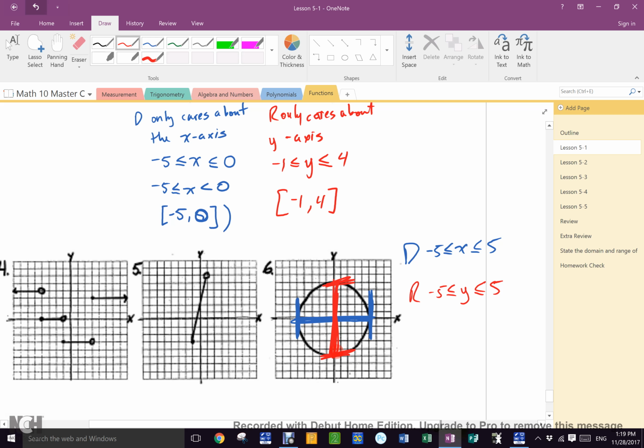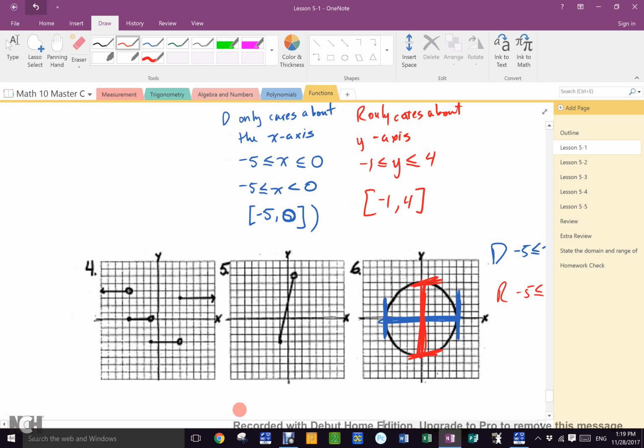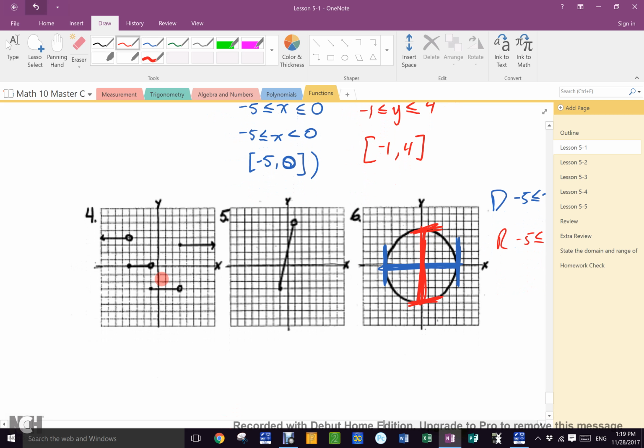Okay? Now, what happens, for example, in number 4, where you notice that arrow and that arrow? Forever, right? So this part of the line is covered, and it continues that way, doesn't it? Now, what happened there? It stopped, but it started again right here, yes?